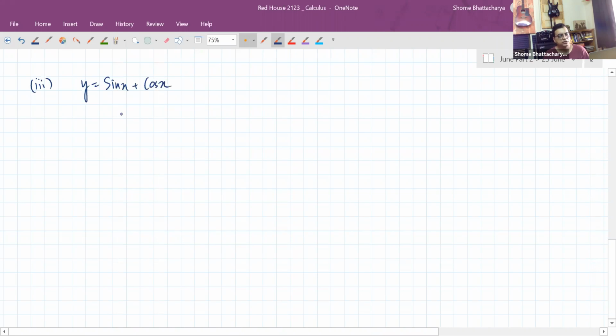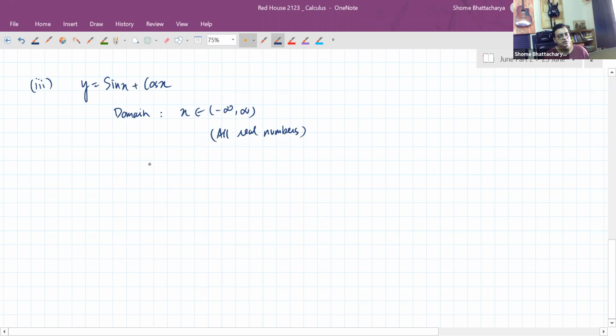Okay, so here you can see that as far as domain is concerned, sin x is defined as a real value between -1 and +1 for all values of x, and so is cos x. So our domain will just become the set of all real numbers. There is no restriction on the domain whatsoever.